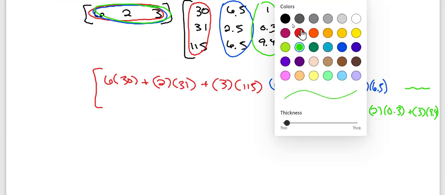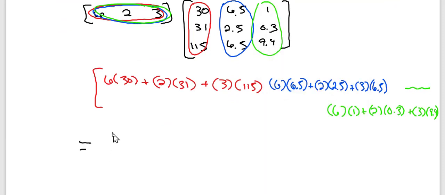Let's come down and figure out what these numbers are. 180 plus 62 plus 345 is 587.